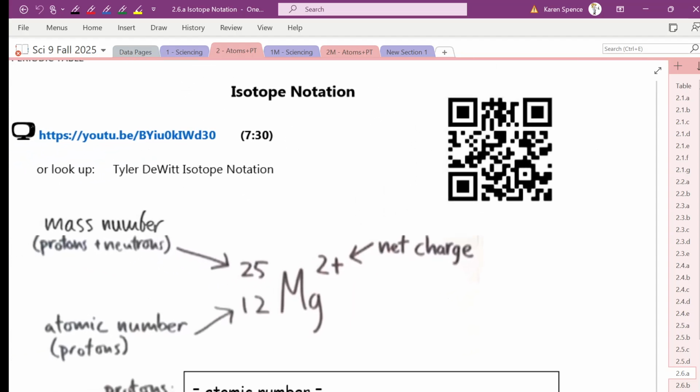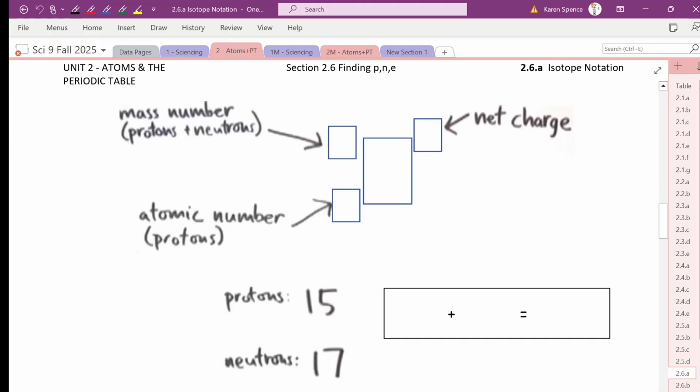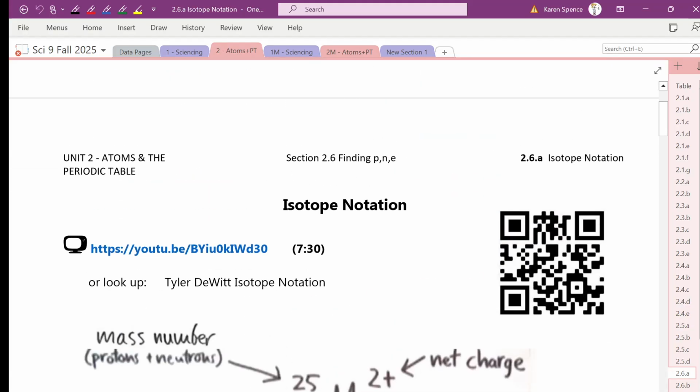Are you guys familiar now with isotope notation? Do you remember that? Anyone remember another word for isotope notation? This is on page 106.